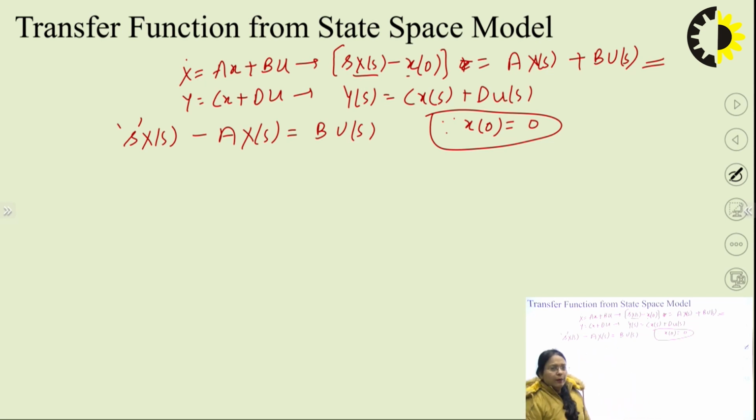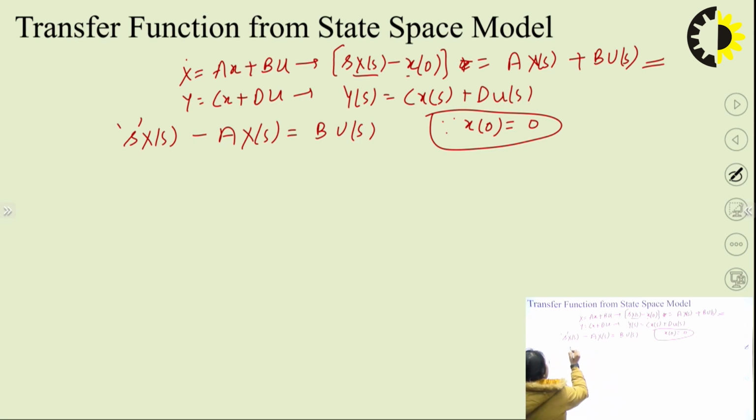So I'll multiply this operator s with the identity matrix which has the same order as that of the constant matrix A, so that I can make the order of the matrix the same.